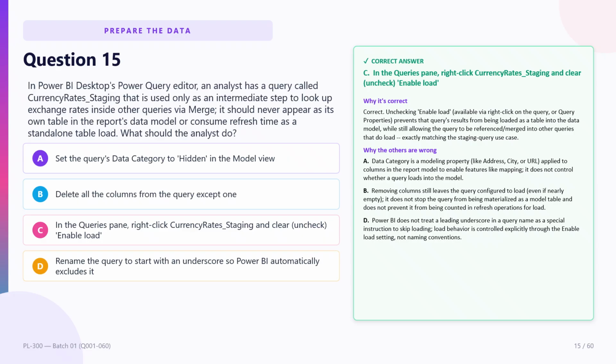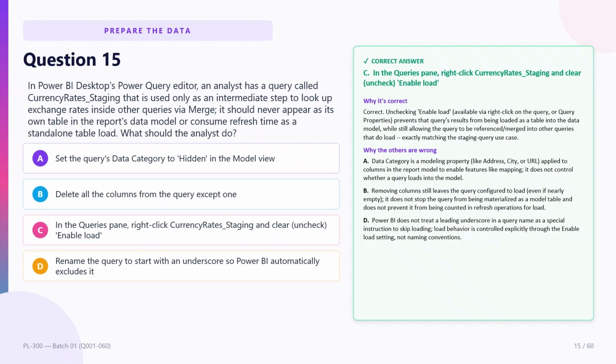Now, why the others are wrong? A. Data category is a modeling property, like address, city, or URL, applied to columns in the report model to enable features like mapping. It does not control whether a query loads into the model. B. Removing columns still leaves the query configured to load, even if nearly empty.